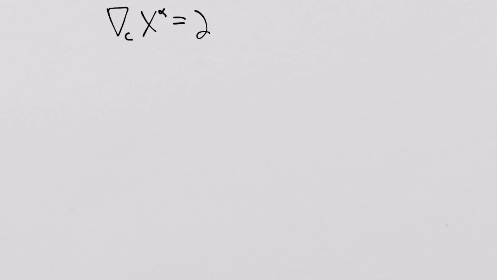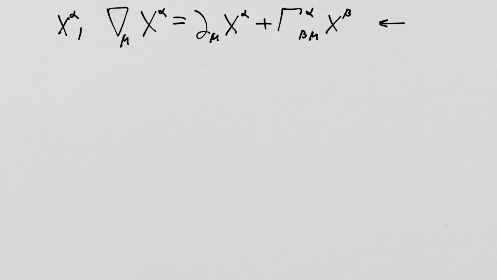Oh yeah, that's right, I'm trying to get away from these Latin letters, so I'll go with mu: del mu x alpha plus gamma alpha beta mu x beta.